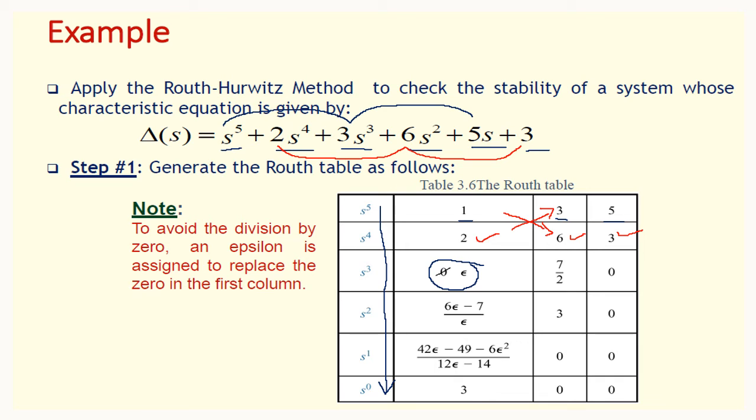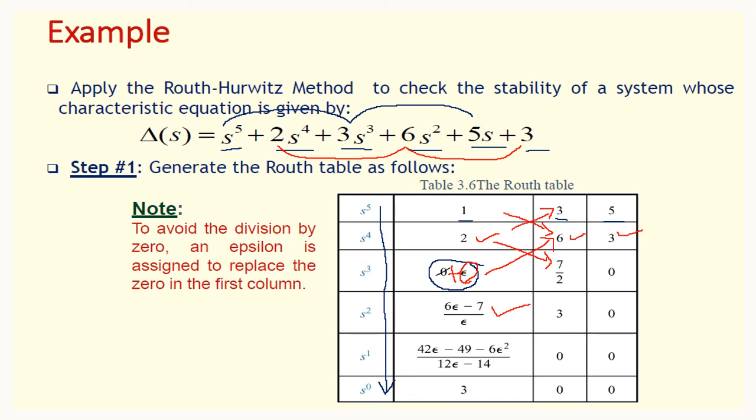Now what we need to do, when we have such a condition, is replace the 0 by a positive sign epsilon. Then we are able to continue this problem. So it is again epsilon. So it is epsilon into 6, 2 into 7 by 2 divided by epsilon.